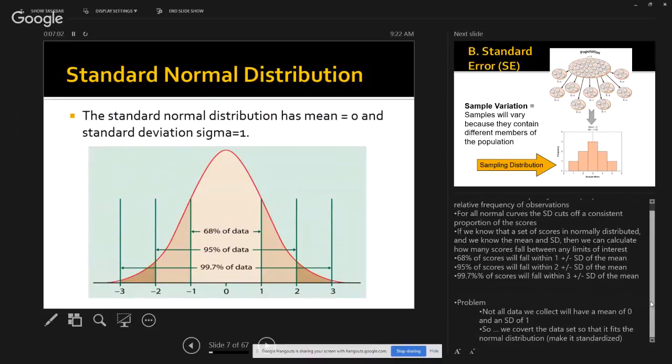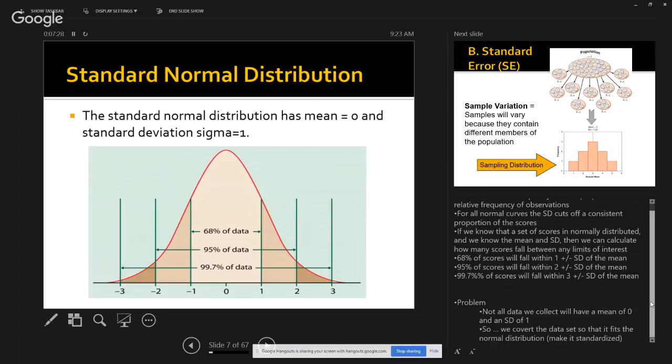Here we have the normal distribution, assuming it's looking at a population. So it's assuming a mean of 0, okay? See here? Now, in real life, are we ever going to have a mean of 0? Theoretically, no, that doesn't exist. So what we have to do to be able to plot our data to the normal distribution is we standardize it.